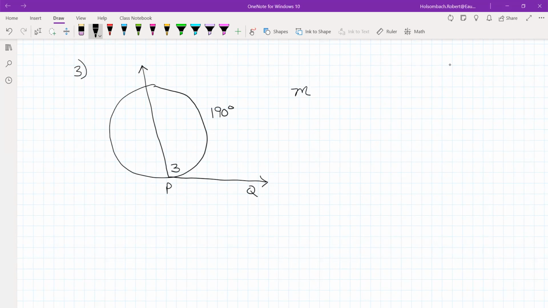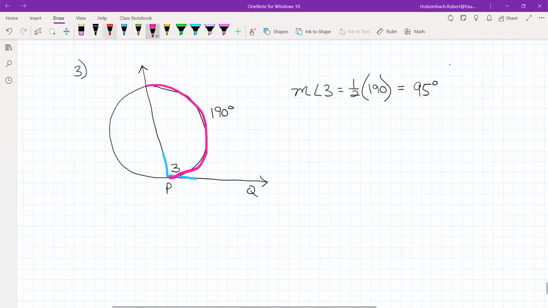So the measure of angle 3 is equal to 1/2 of 190, which is 95 degrees. This angle is equal to 1/2 of this arc.